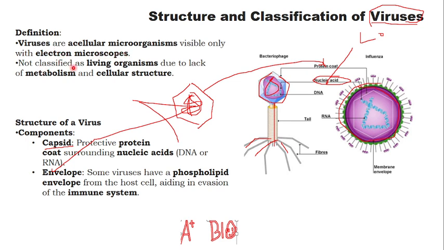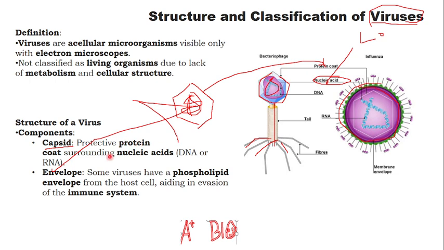It is not a living organism because they don't have enzymes and they don't have any cellular structure. I hope you are understanding why it is not a living organism. It is considered living for only one reason, because they have nucleic acid. Because of this nucleic acid, when it enters a human being or any host or living cells, they can multiply like a living organism.